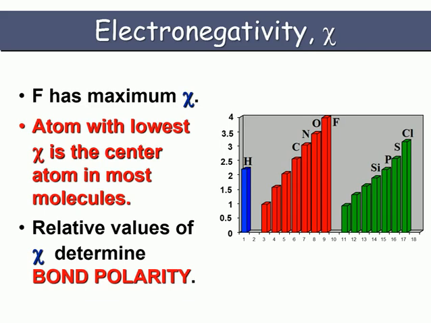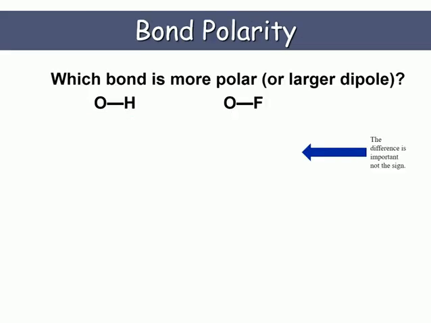And so when we put two elements together, they're going to form a bond, and depending on their differences in electronegativity, we can make a determination of what's called the bond polarity. Polar is one side positive, one side negative. This is what we're going to be able to do with this. So polar, just like our planet has poles, a bond's going to have poles. Maybe one side is more negative, one side is more positive.